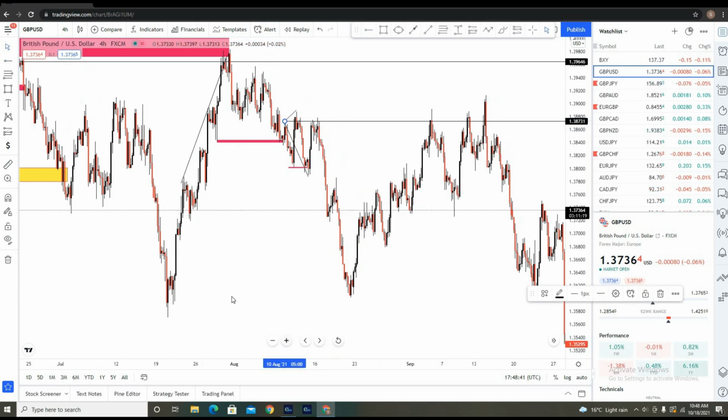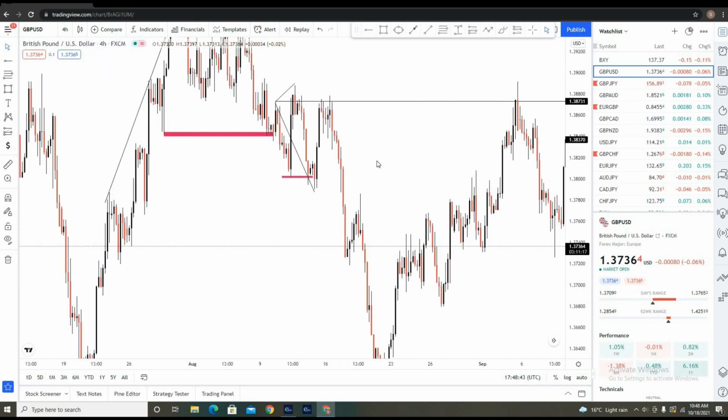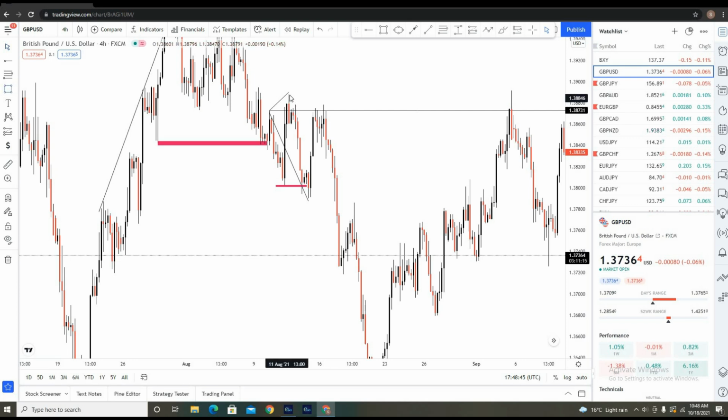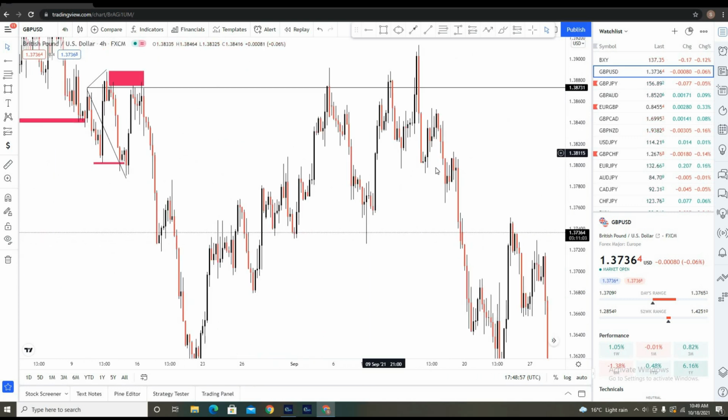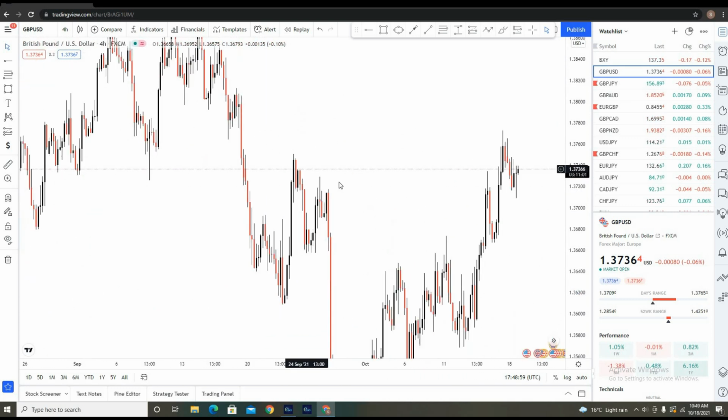If we zoom in, you can see that this is our golden zone, and that is where price went to, and you had good pips. But the price approach back to that area is very important also. The price approach to the area is very important, so that is why you need the right knowledge on it.